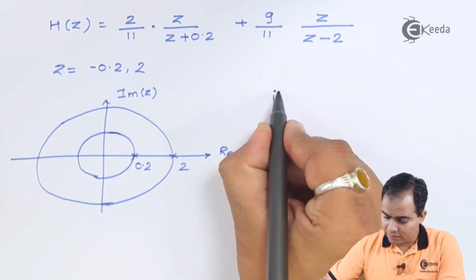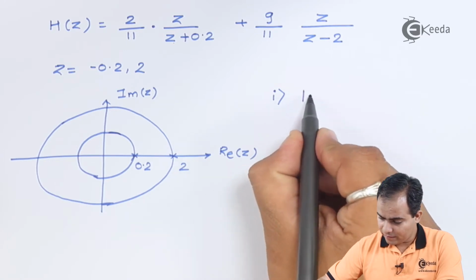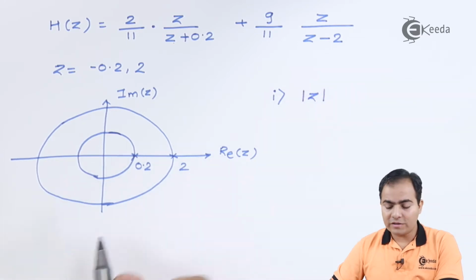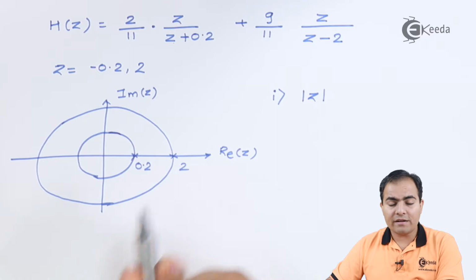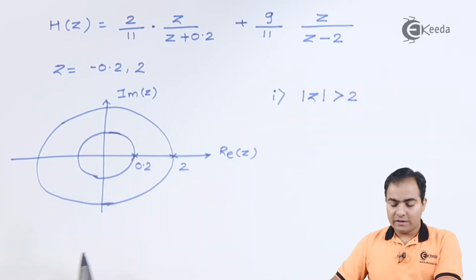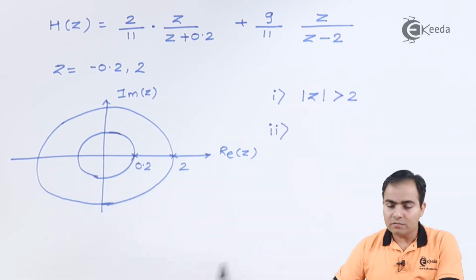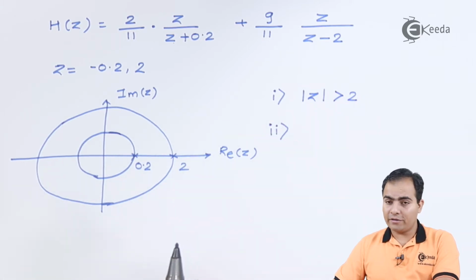First of all, for a causal ROC, how do we write the equation or ROC value? If mod z is greater than the rightmost pole, that is 2, then this gives us a causal ROC. Now what about non-causal or anti-causal?